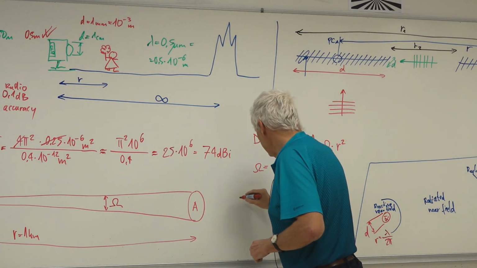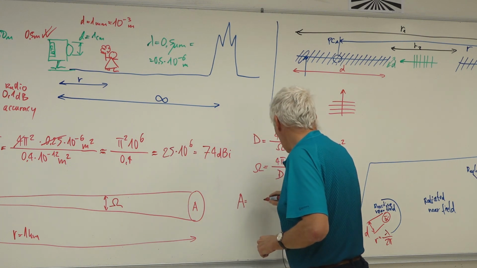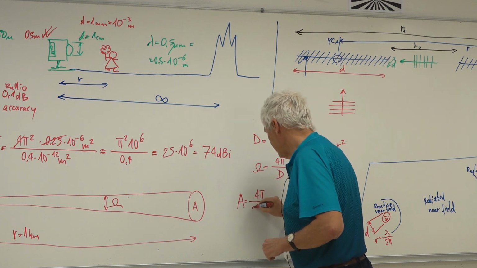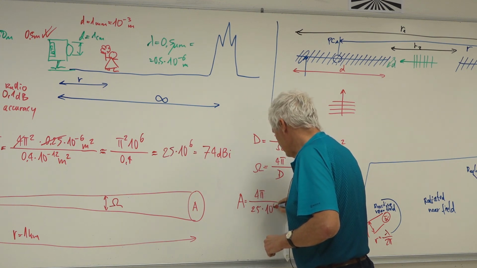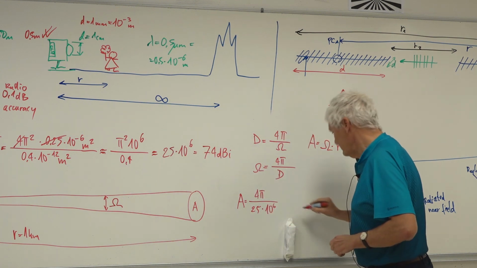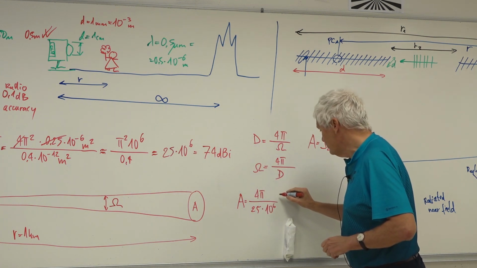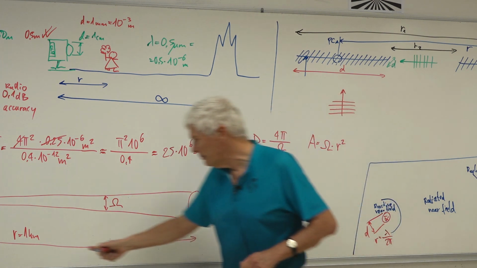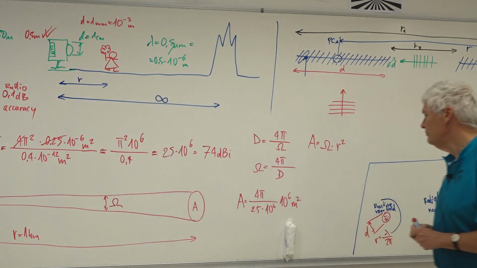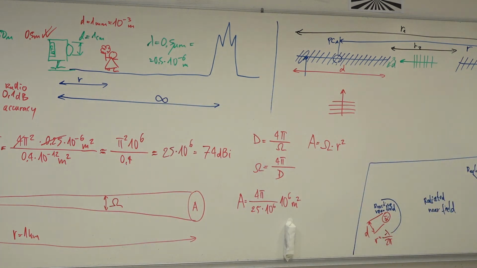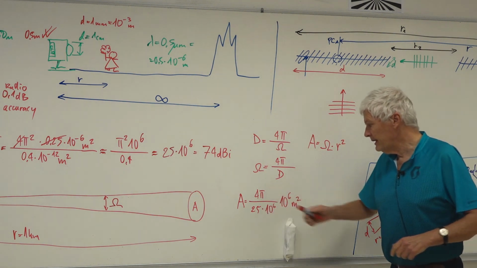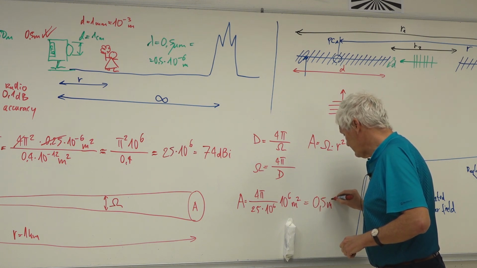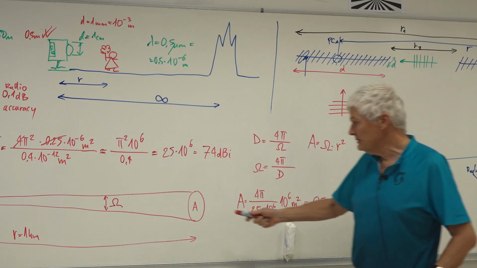So the area is 4 pi divided by 25 times 10 to the 6th power, times r squared, which is 10 to the 6th meters squared if this was 1 kilometer. So the area is 4 pi divided by 25, that's about 1/2 of a meter squared. So at 1 kilometer distance, this is half a square meter.